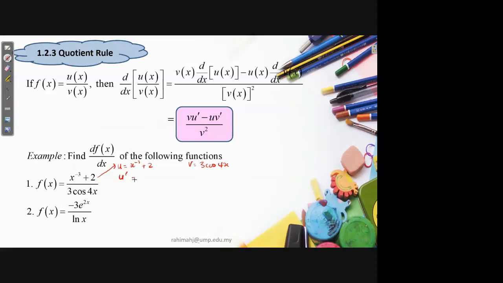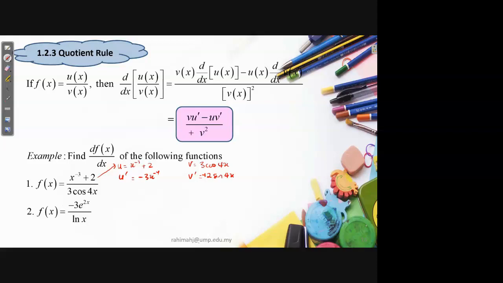Let's define u prime: u prime is negative 3 x to the power of negative 4. And v prime is negative 12 sine 4x. Remember, differentiating cosine gives sine 4x, but there is a 4, so multiplying by 4 we have negative 12 sine 4x.